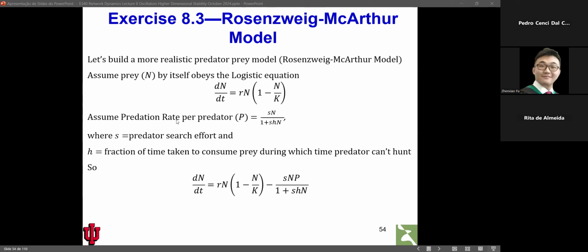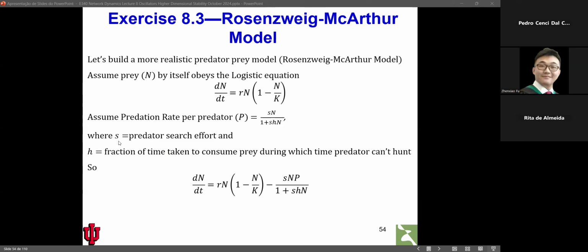Assume the predator rate per predator P is S N over 1 minus S H N, where S is the predator search effort and H is the fraction of time taken to consume prey, during which time the predator cannot hunt.